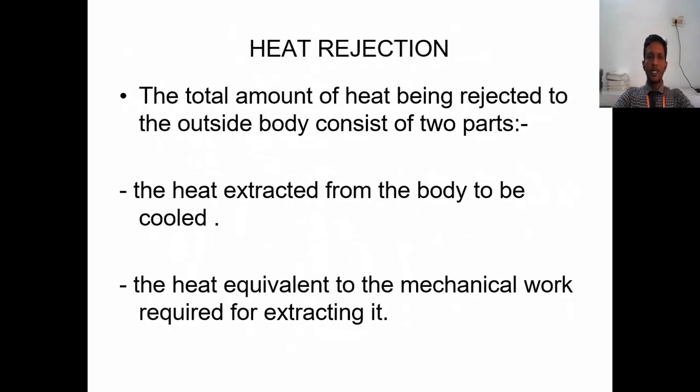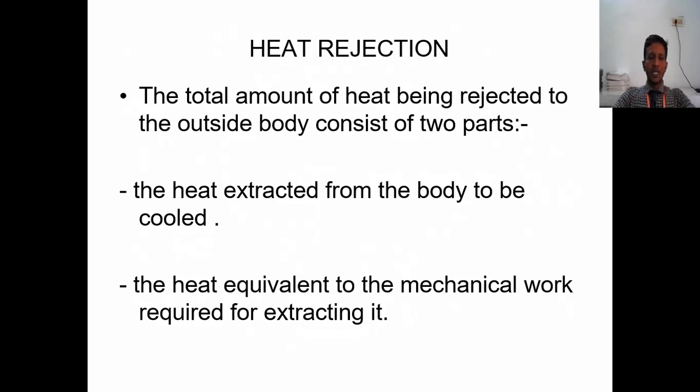Okay. Heat rejection. The total amount of heat being rejected to the outside body consists of two parts: the heat extracted from the body to be cooled. When you remove the temperature or absorb the heat from the space or system or any body, that becomes cool. Okay, this is the first one.